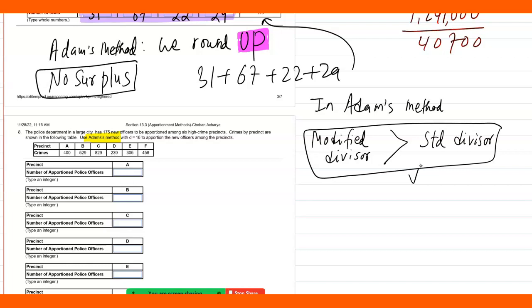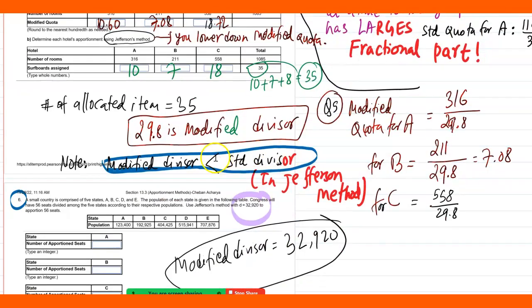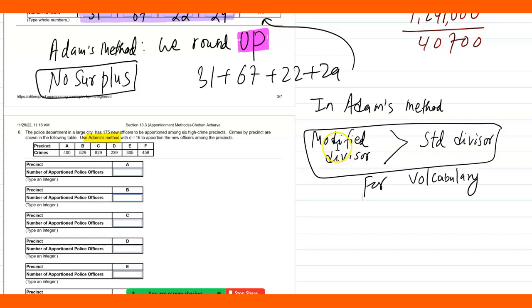For vocabulary questions, you should know that. Listen, if you look at the Jefferson, what I said in the Jefferson, modified divisor is less than a standard divisor, but in Adams method, modified divisor is greater than a standard divisor. Okay, slightly greater than standard divisor, but just information for you guys.